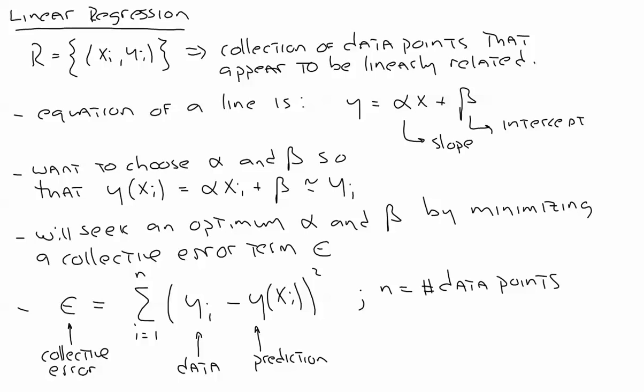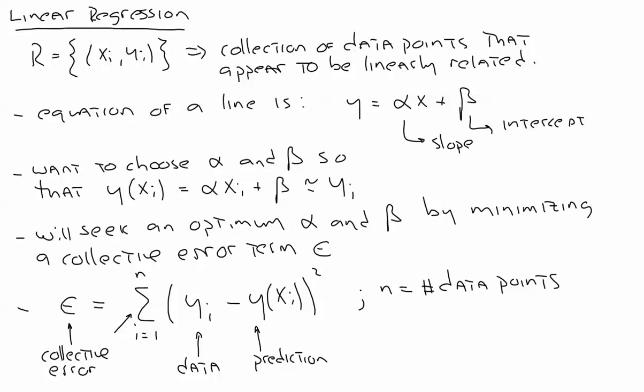And the reason I call it collective error is because I'm adding up all of the errors for all of the possible data points. All right? Now, in just a couple of seconds, what I'm going to do is minimize epsilon by taking derivatives of epsilon with respect to alpha and beta and setting them equal to 0.